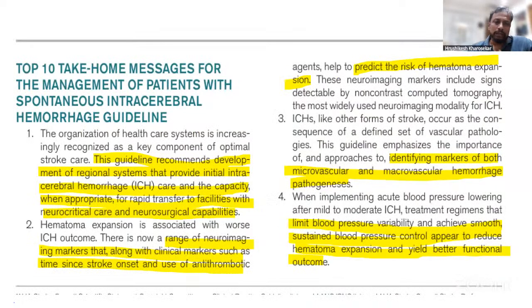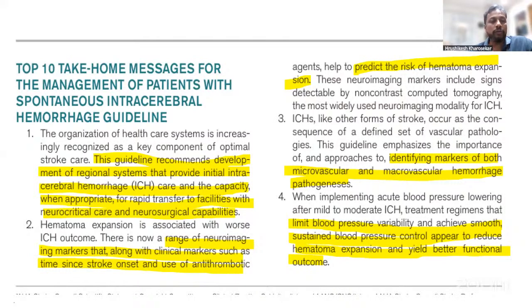Then cognitive impairment or dementia has to be noted, as well as substance abuse and other systemic illness. Summarizing the take-home message, this guideline recommends development of a regional system that provides initial care of ICH where appropriate, and rapid transfer to facilities with neurocritical care and neurosurgical capabilities. Hematoma expansion is associated with worse outcome.